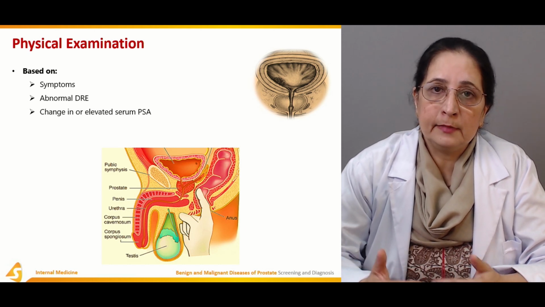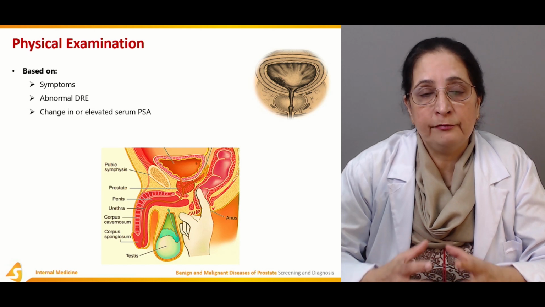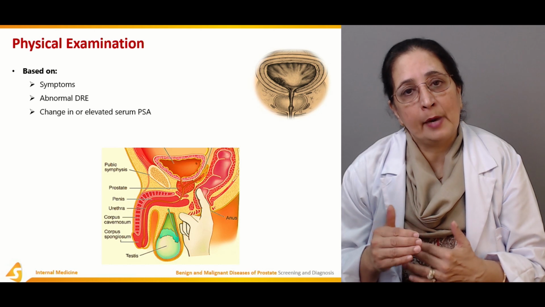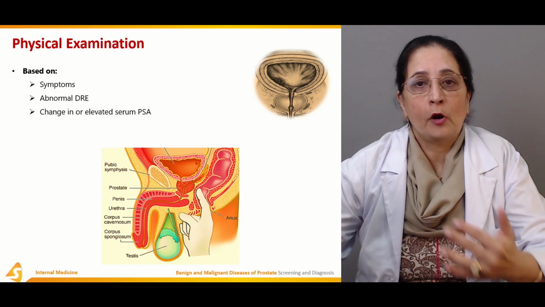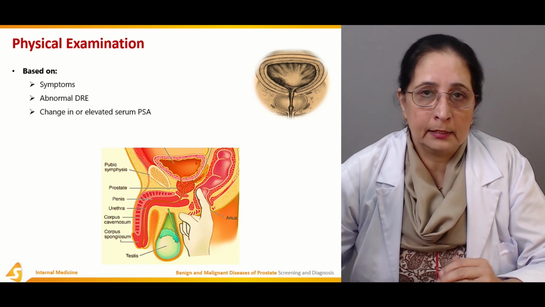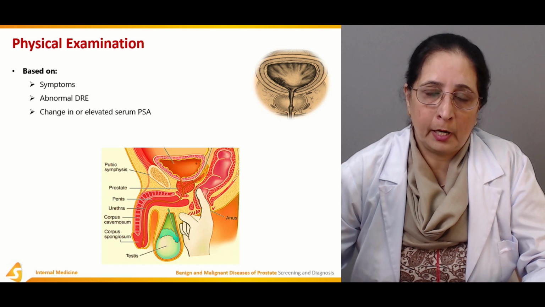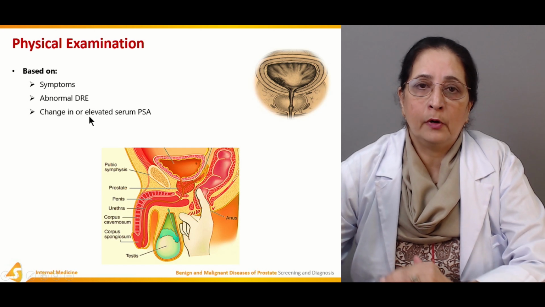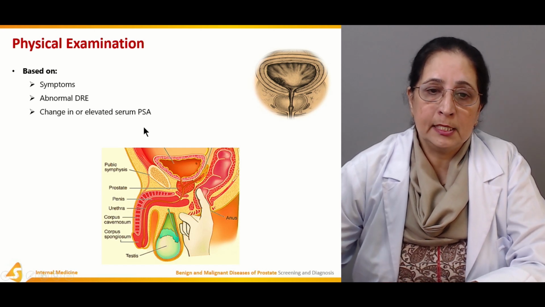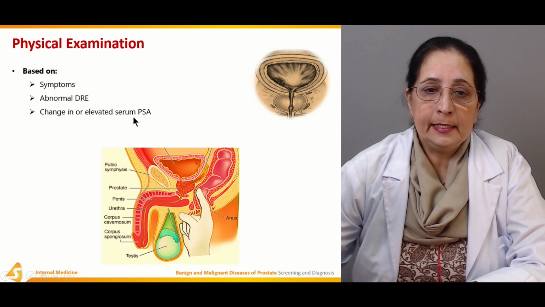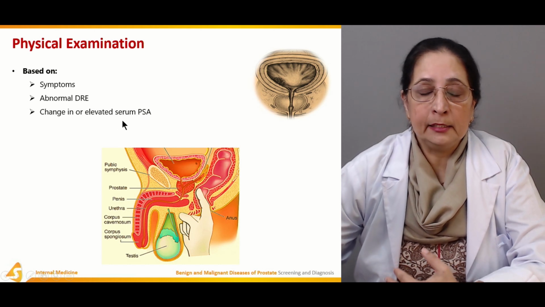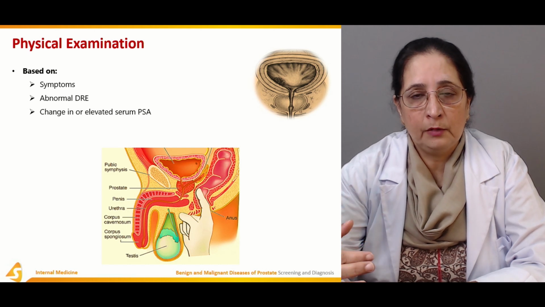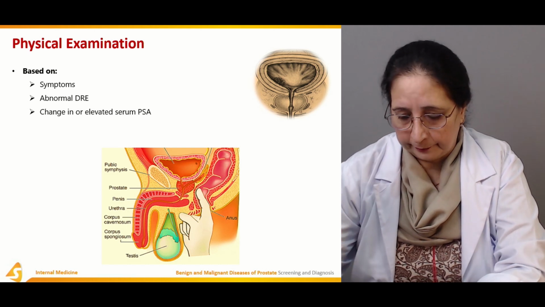All these symptoms are the first indication that the patient might have prostate hypertrophy or some other abnormality. Then we can go for the levels of prostate-specific antigen in the serum. That's the other indication: if the levels are high, we need to go for the follow-up biopsy and all the different tests.